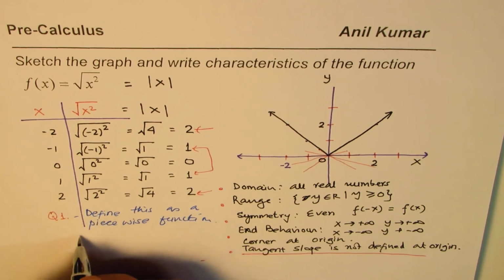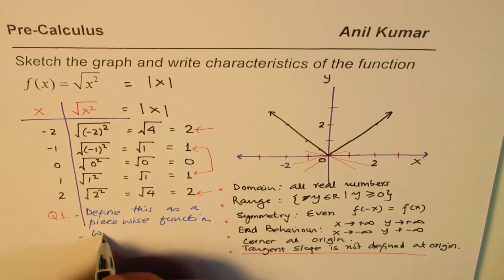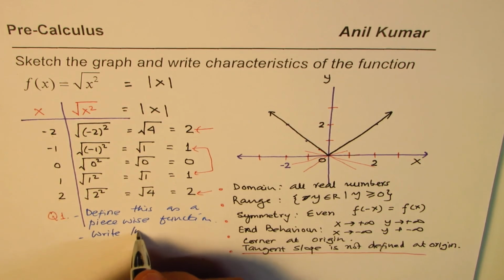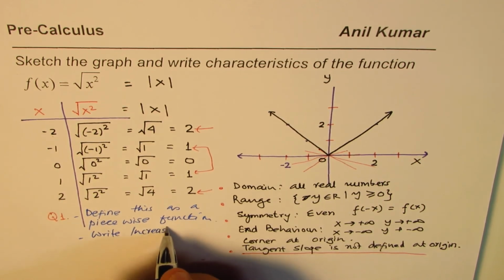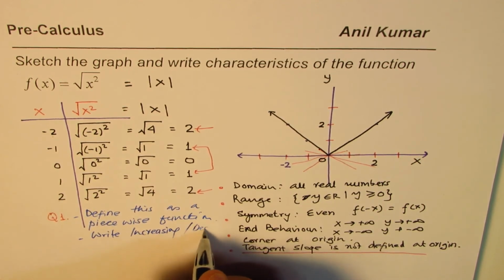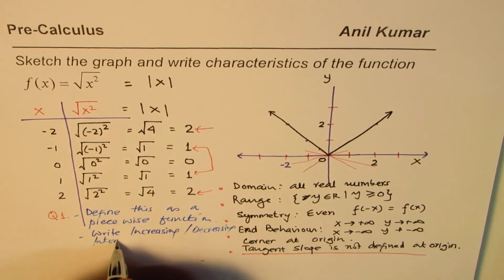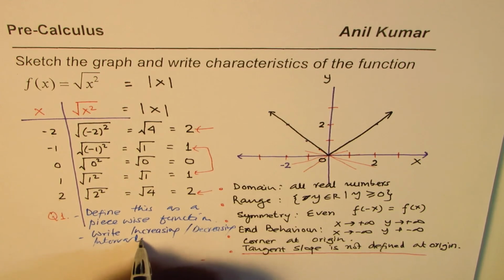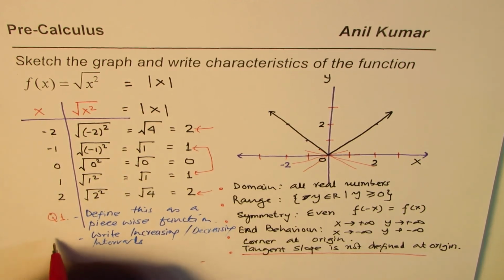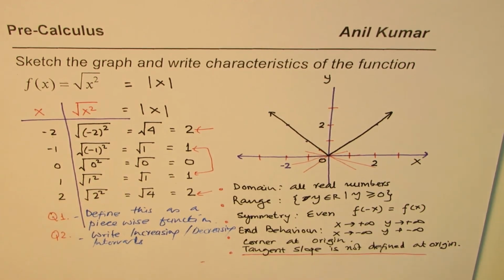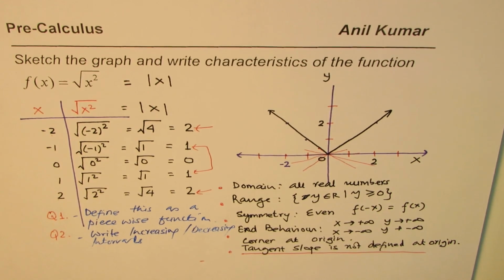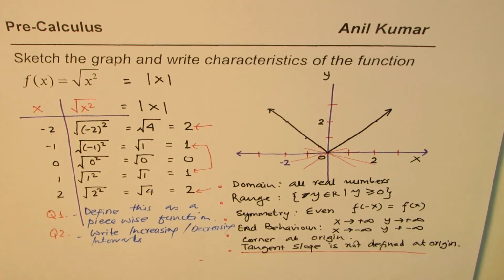And then the other question could be, write increasing and decreasing intervals. Okay, so write increasing and decreasing intervals could be your second question, right? On the characteristics of this particular function, which is square root of x squared.